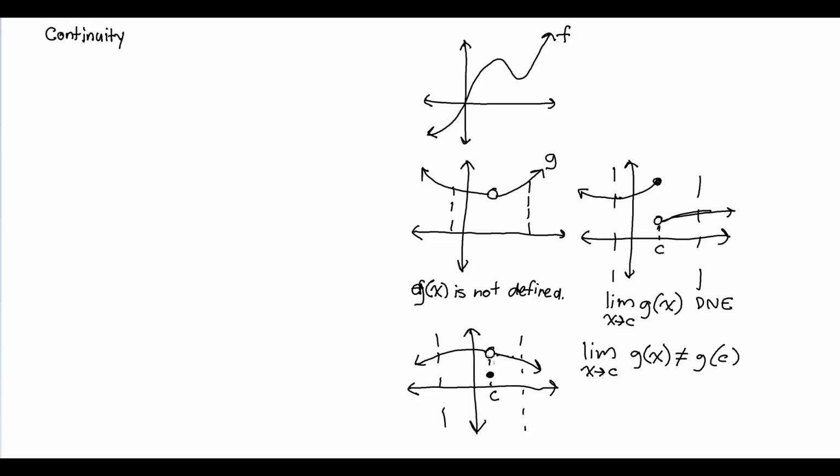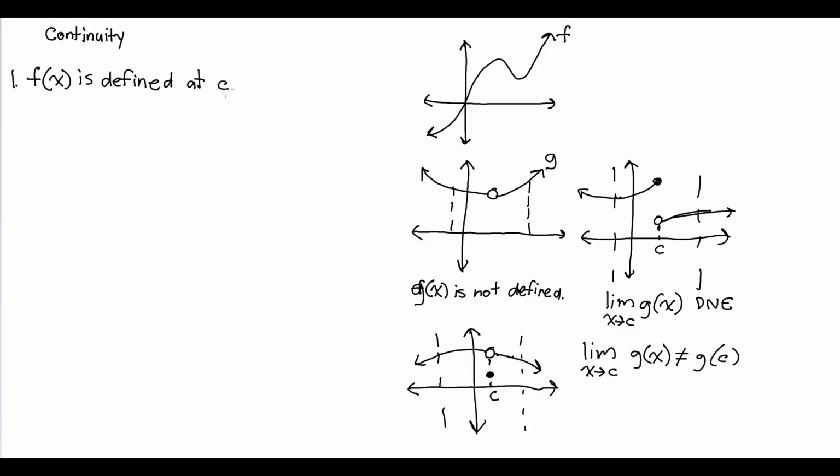So which means there are three conditions that you have to follow in order for a function to be continuous at a point. First, the function is defined at c. So 1, f of x is defined at c. So no holes at c, no vertical asymptotes.